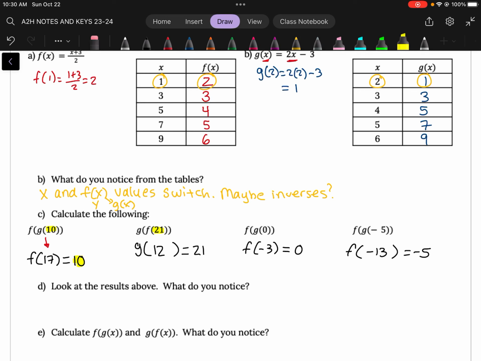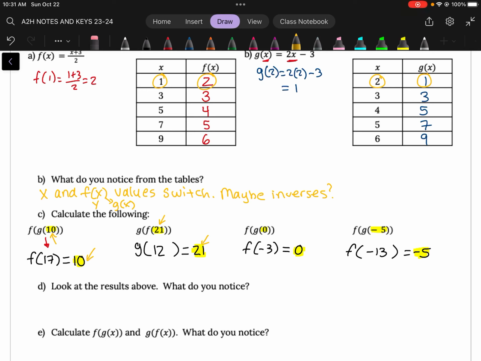Well, look at this. The original input into all of these compositions, in other words, the number that we're plugging into the inner function of all of these, turns out to be the output at the end of the composition. So you plug in 10 as your original, what you'll get out is 10.